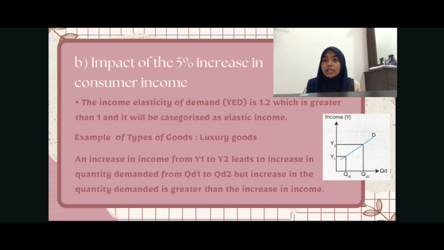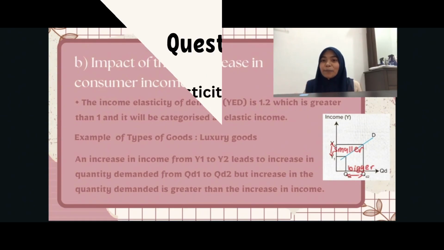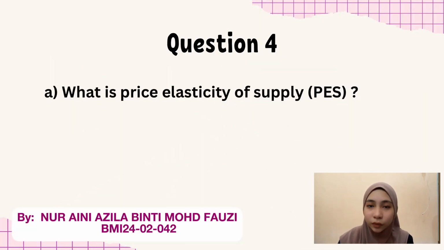But the increase in quantity demanded is greater than the increase in income. As we can see through the graph, the gap in quantity demanded is bigger than the gap in income.